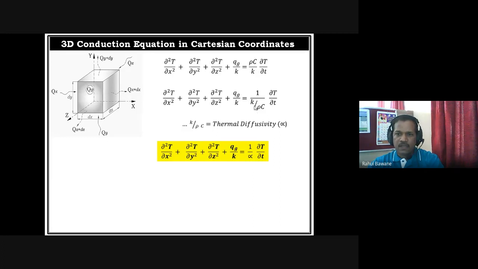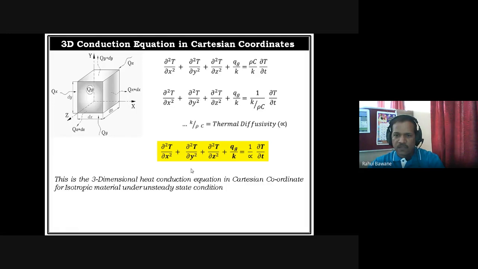If K, rho and C values are given, then we can use this form. If thermal diffusivity is there, the final form becomes del square T upon del x square plus del square T upon del y square plus del square T upon del z square plus Qg upon K is equal to 1 upon alpha del T by del of time. So this is our final three-dimensional heat conduction equation.